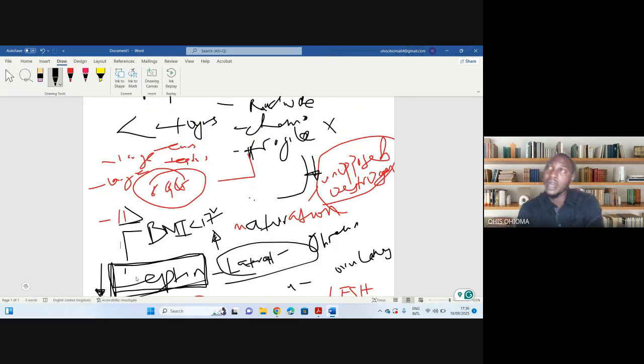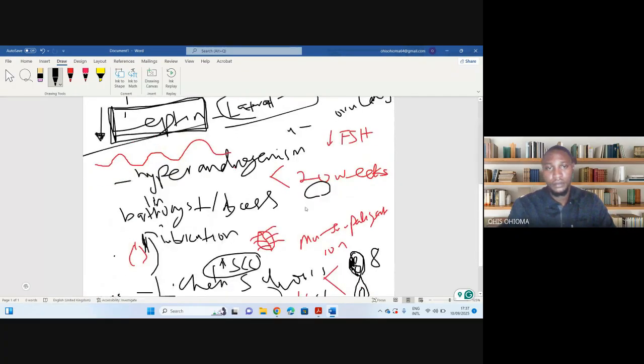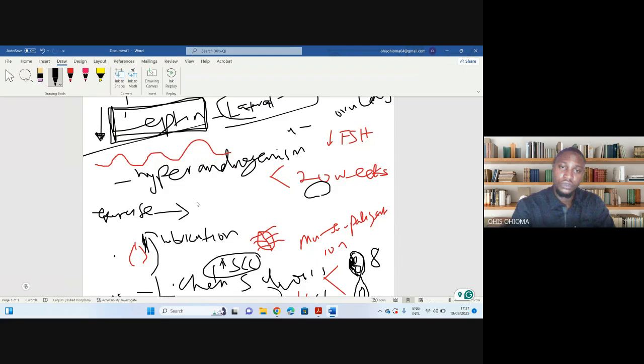And the reason why leptin is reduced is that the patient has lost fat because of the cortisol. The patient has excessive cortisol because of a stressful period, and then the cortisol breaks down all the fats, and you have a reduction in leptin. So the pathophysiology is that exercise leads to increased cortisol, which is a catabolic hormone.